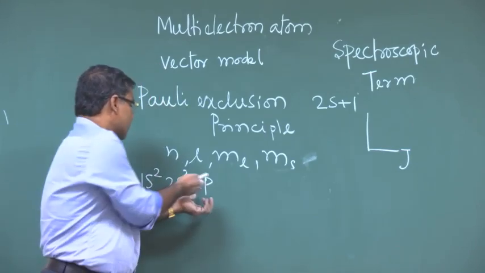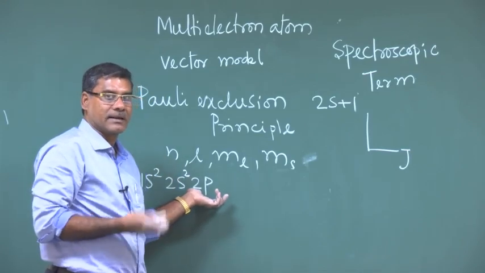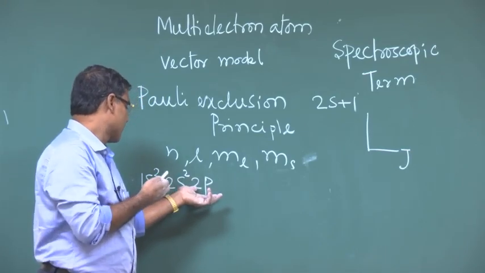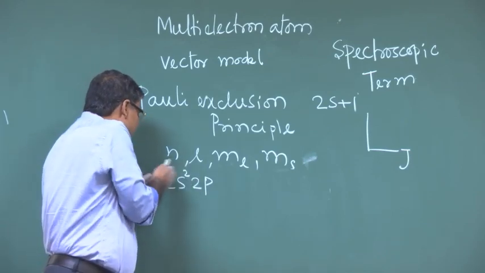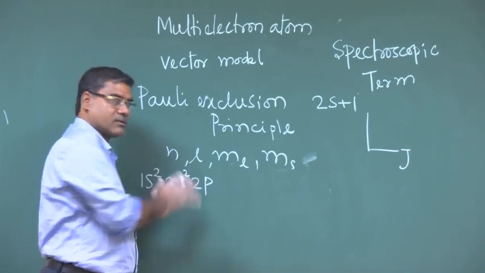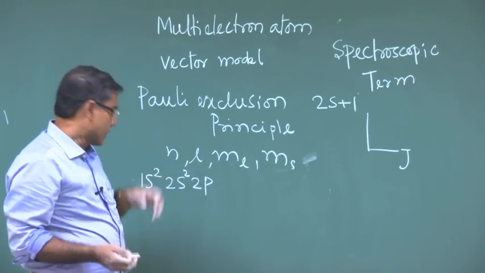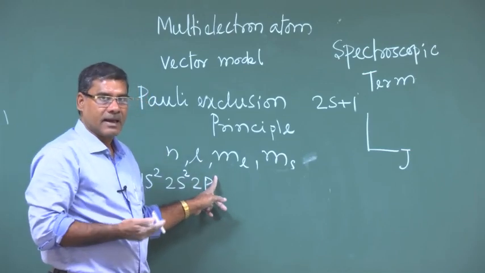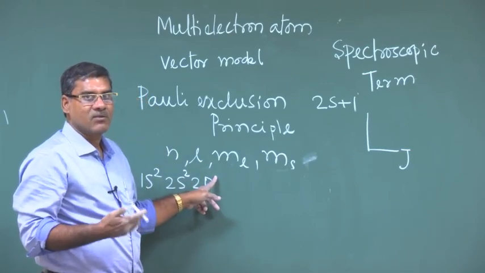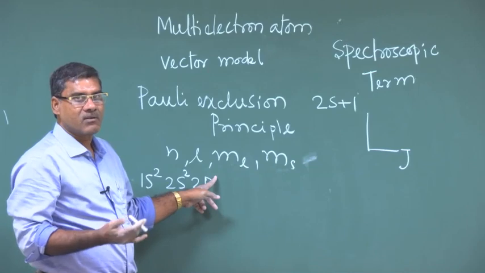And then if I have more electrons, say 4 electrons, I can accommodate them within 1s2, 2s2. Now, for more than 4 electrons, the fifth one I have to put here, fine, I can put it here. The sixth one, where will I put it, the seventh one, where will I put it?